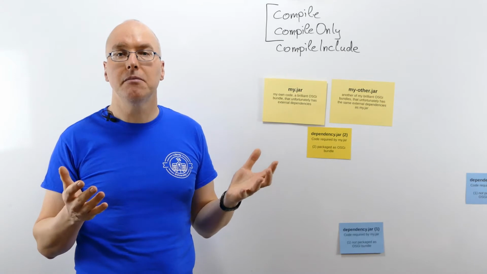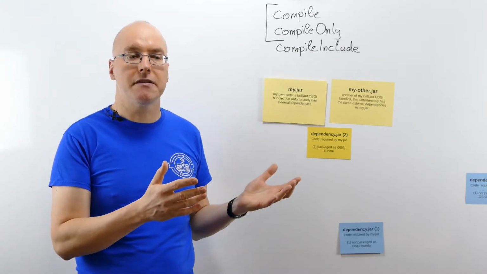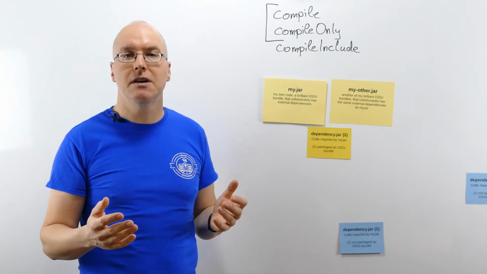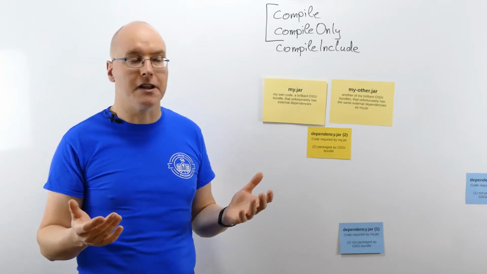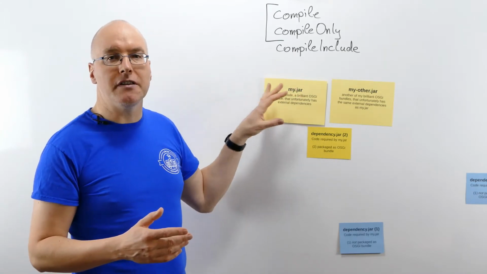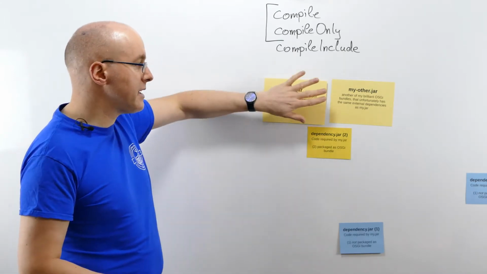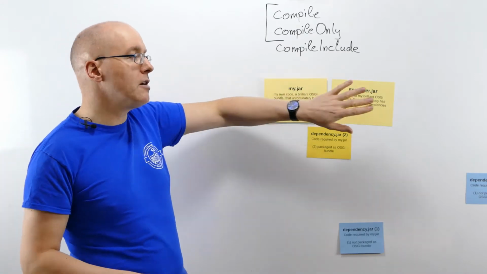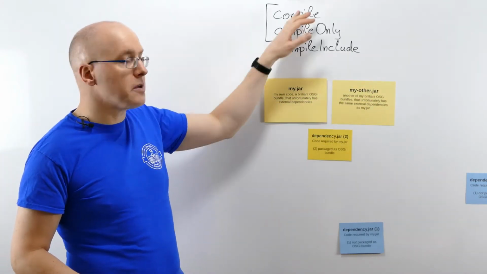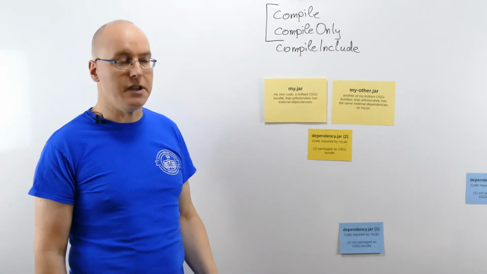Why am I saying that compile and compile only are the same? Well, they aren't, but if you look at the Gradle documentation, you'll see all of the differences. It took me a long time to figure that out, and for the intents of this chapter, they actually are the same. They're building exactly the same my jar, my other jar, if you declare your dependency with compile or with compile only. Why is that?